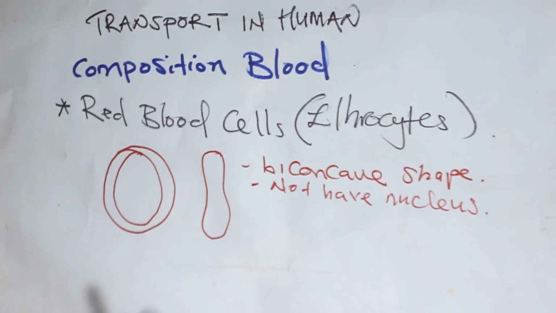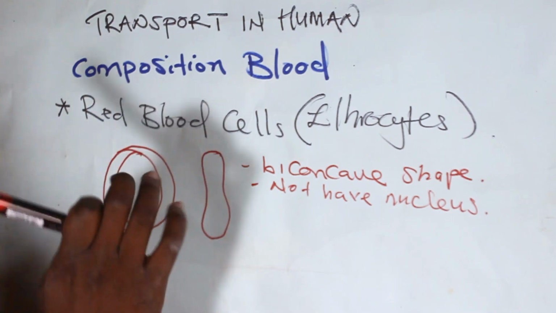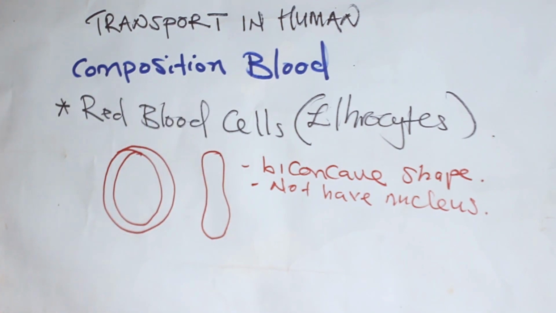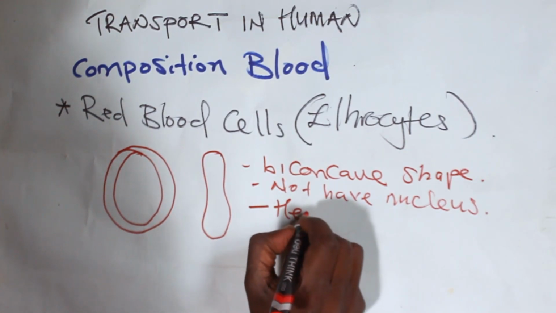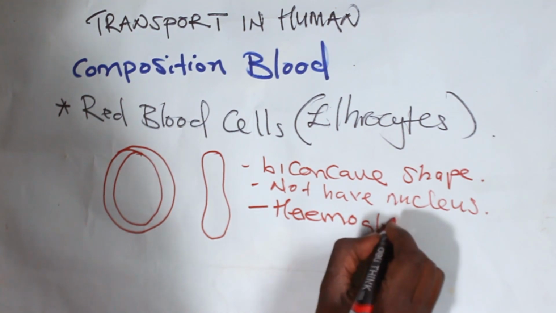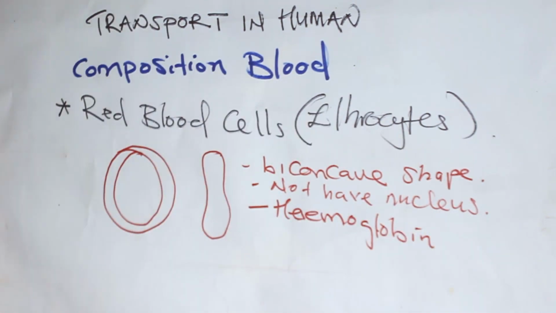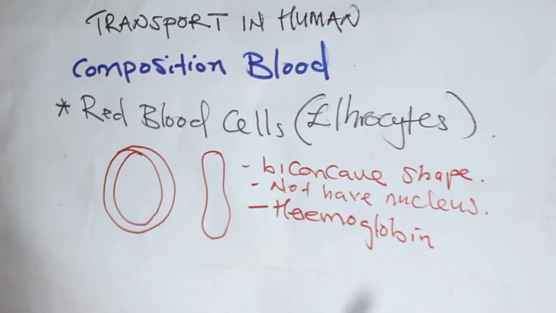The biggest reason is that the red blood cells consist of hemoglobin. So all this space where the nucleus is supposed to be is occupied by hemoglobin.